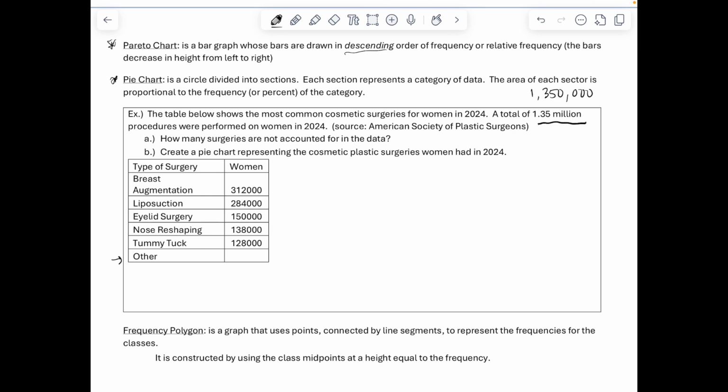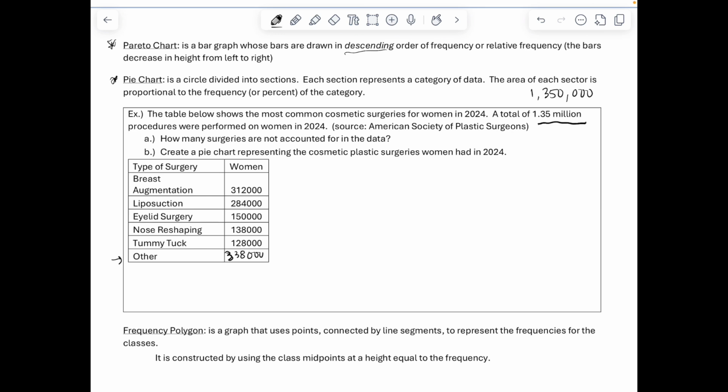And in order to figure out that other category that we're missing, we're going to have to subtract those numbers from the 1.35 mil. When you do this, you get 338,000 surgeries that are in that other category. So again, 338,000.